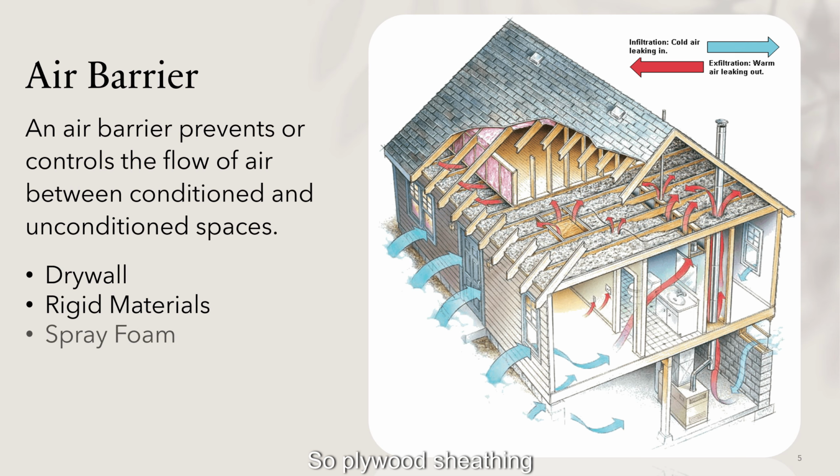So plywood sheathing, and then spray foam. Spray foam is something that's come about within the last 10, 15 years or so. A lot of homes are turning to spray foam, and what that is, it's just a foam that comes out as a liquid. Once it hits a structure, it does expand, and once it starts to expand, it creates an insulation or a barrier from that structure and the elements.